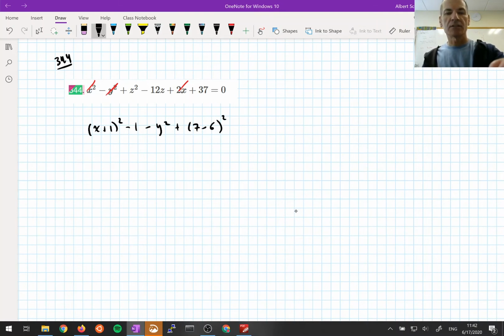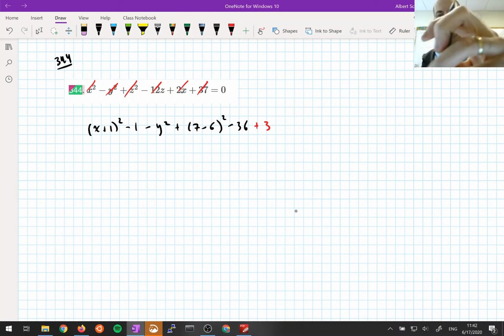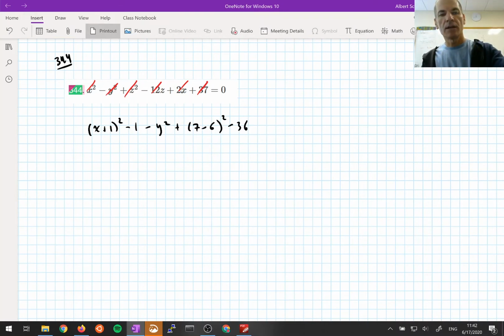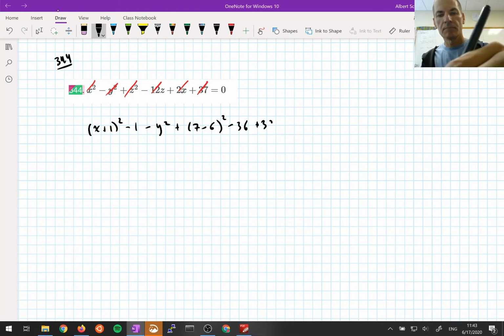Doing that gives us the z squared term and the minus 12z term, but it introduces a plus 36, which we have to remove. And then finally, the 37 goes along for the ride. And we're left with an equation that looks like this.